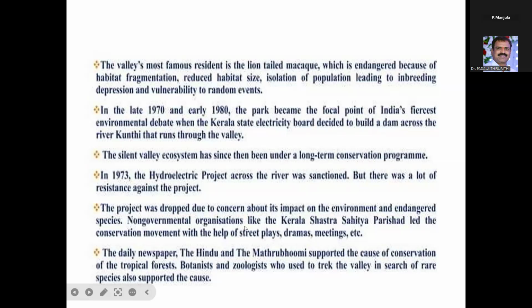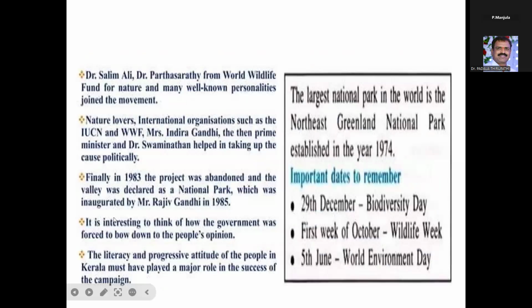Non-governmental organizations like Kerala Sastra Sahitya Parishad led the conservation movement with the help of street plays, dramas, meetings, and the daily newspaper. They supported the cause of conservation of the tropical forests, and botanists and geologists who used to trek the valley in search of rare species also supported the cause.